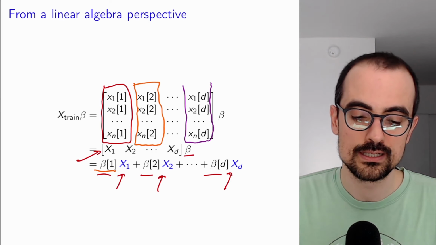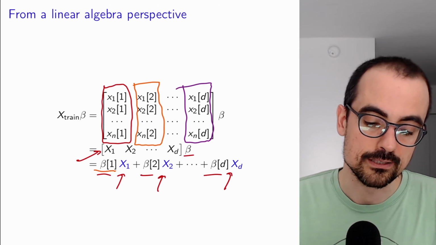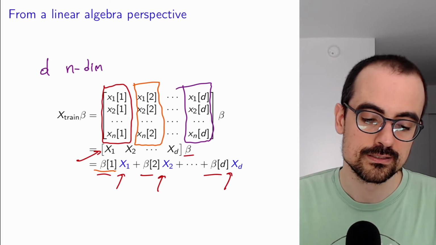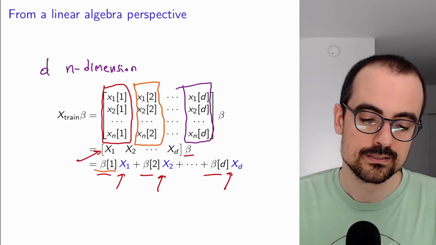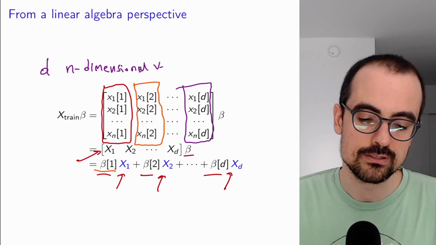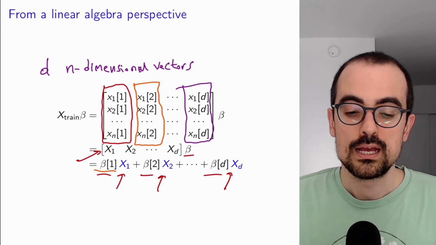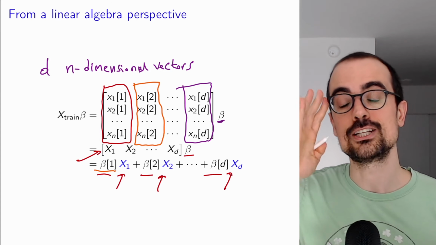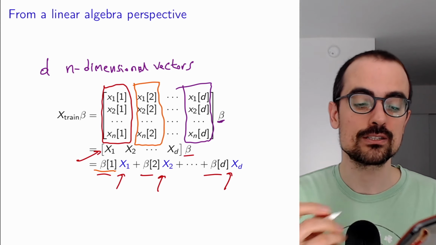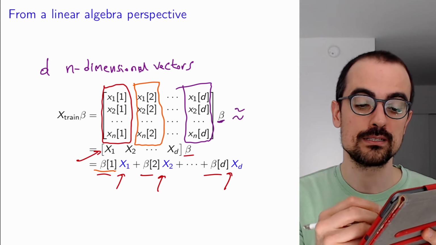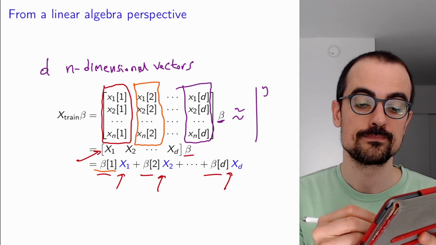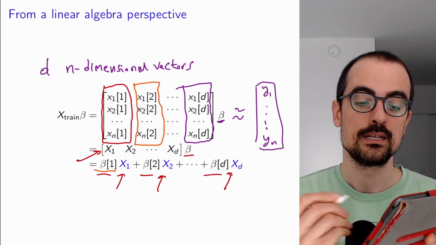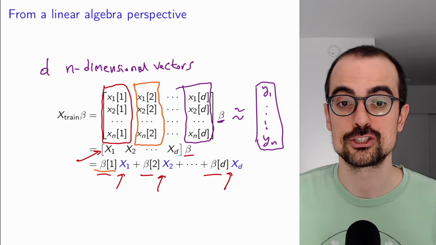To summarize, we're taking d n-dimensional vectors and scaling them by the corresponding coefficients. We're doing a linear combination of these d n-dimensional vectors to hopefully approximate this vector, which is y train, which is also n-dimensional.